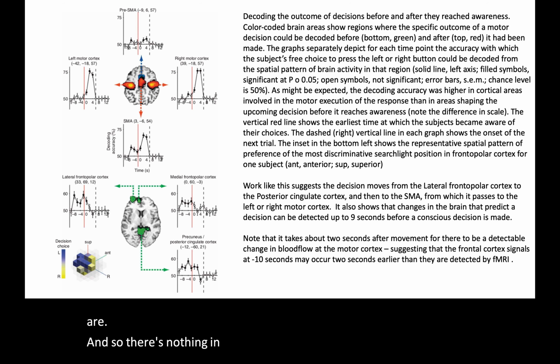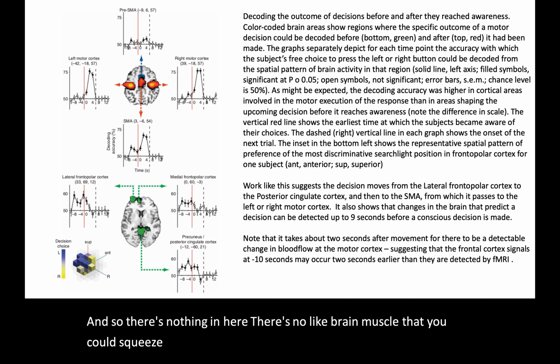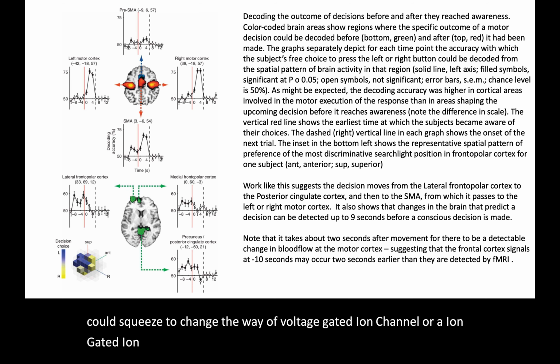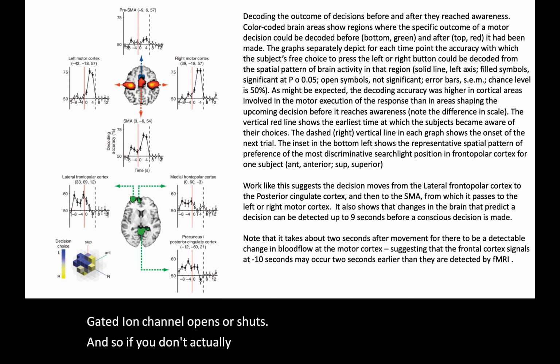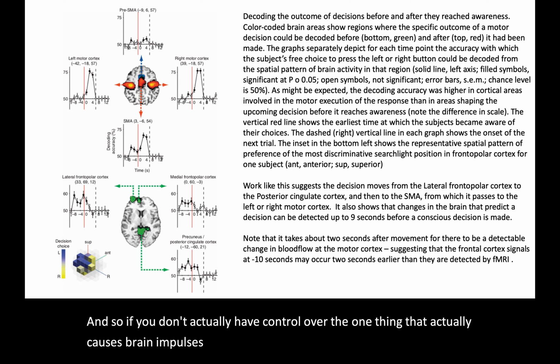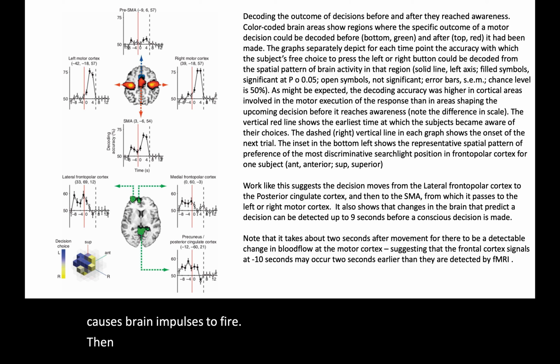There's no brain muscle that you could squeeze to change the way a voltage-gated ion channel or a ligand-gated ion channel opens or shuts. And so if you don't actually have any control over the one thing that actually causes brain impulses to fire, then yeah, where's the room for free will?